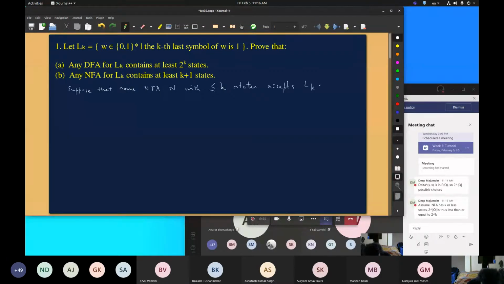As in the proof I have given for part A, I considered the behavior of this machine N on all k length inputs, these 2 power k inputs.